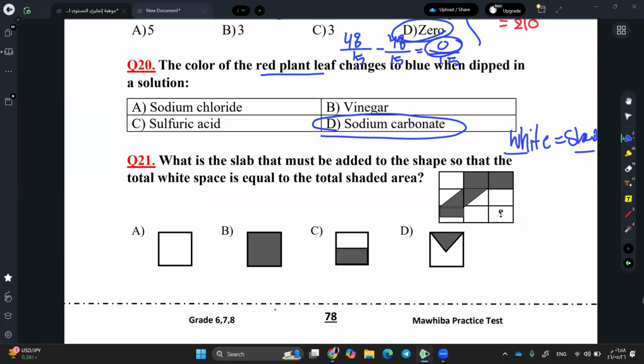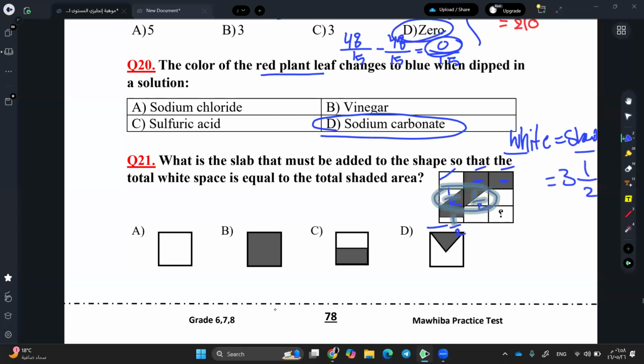So here, shaded area, we have here 1, and here's 2. And then this is a half, and this is a half, right? So half plus half, it's going to be 1, right? And also the half. So here 1, 2, 3, and then half. So the shaded area is going to be 3 and a half.